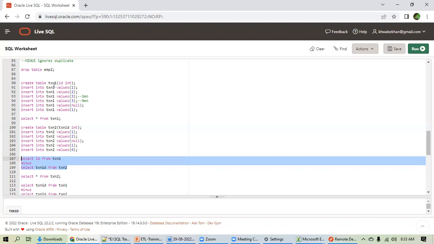If transaction 1 has another 50 columns as well, SQL is not bothered about that. It only cares about what you have mentioned here. Is that your question? You can try this. Create a transaction 1 table, or any other table, keep 10 columns with different data types, and try this. It will work. Yes, I got it. Okay. Any other question?